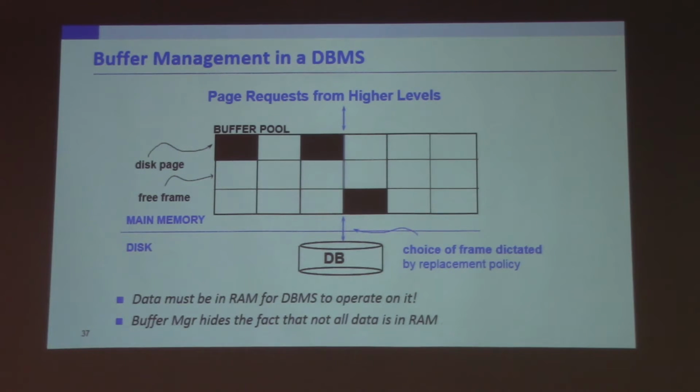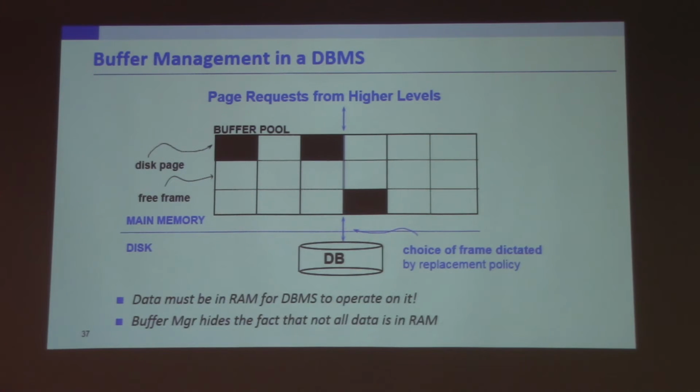By allocating, I mean the rest of the OS processes cannot access that space anymore. It's dedicated to your DBMS process. Each of these is a page, and in this picture, a black block denotes a buffer pool frame that's occupied. A white block denotes a buffer pool frame that's still available to use for subsequent requests.